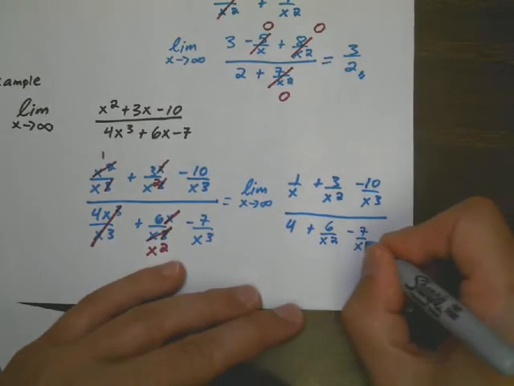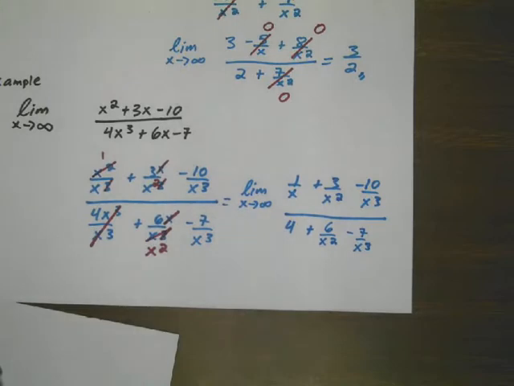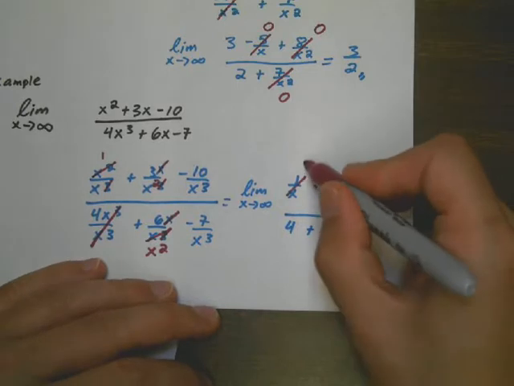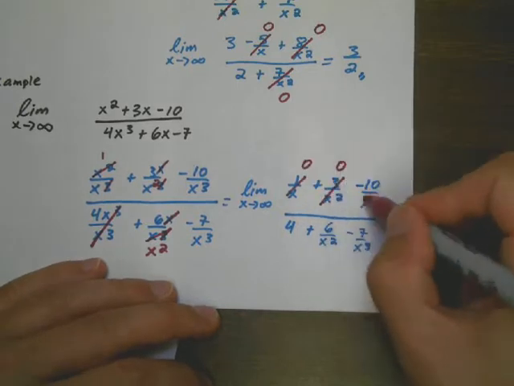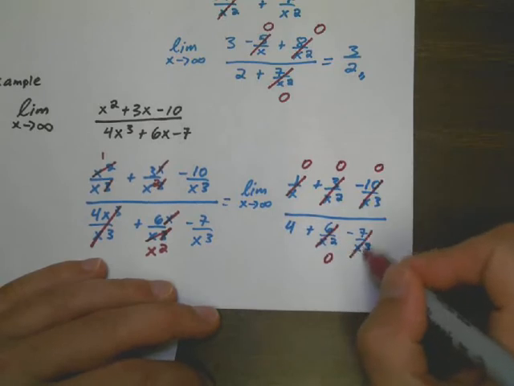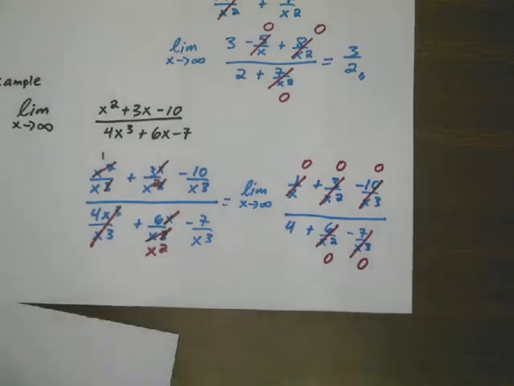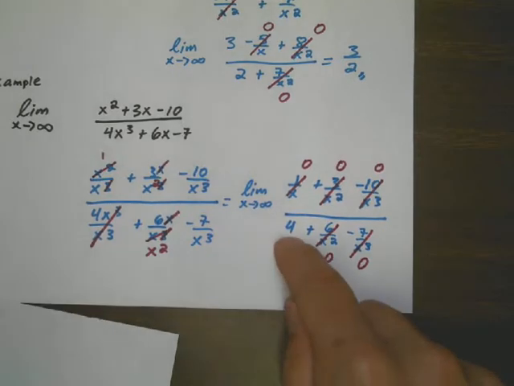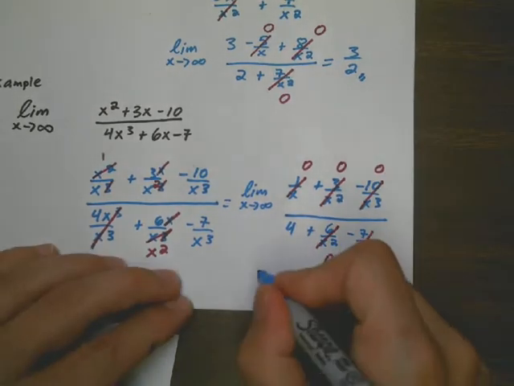Applying the golden rule, any power of x left in the denominator goes to 0. So all of these go to 0. What I have left over is 0 over 4, which is just equal to 0. So this limit is equal to 0.